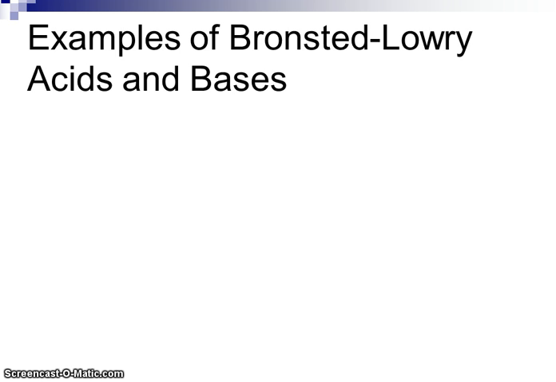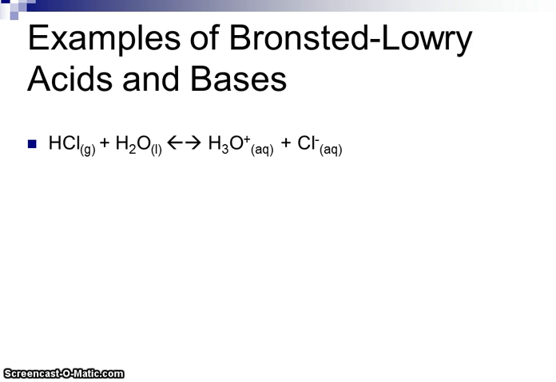Here are some examples of Bronsted-Lowry acids and bases. Let's say we've got hydrogen chloride gas and we add it to water. It's going to produce an ion which we refer to as a hydronium ion and a chloride ion. So let's look a little bit more at what happens. The hydrogen chloride gas loses a proton and becomes chloride.